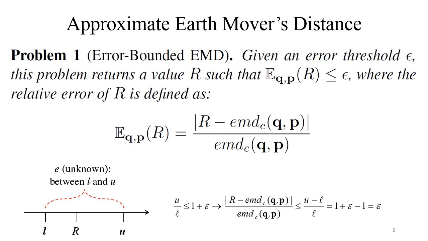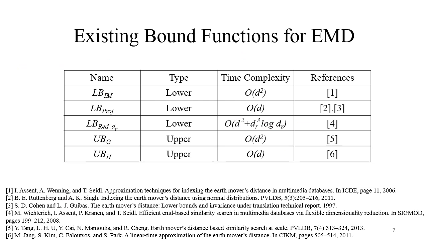As such, we need these lower and upper bound functions for obtaining R. In existing work, many researchers have developed tight and efficient lower and upper bound functions for EMD, as shown in this table. However, one major drawback is that all these types of bound functions do not take the sparsity and the skewness of the feature vectors into account.